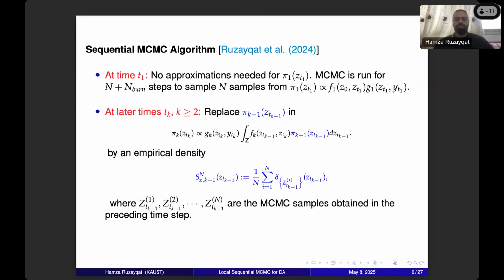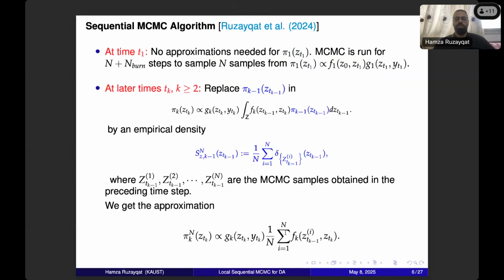However, when k is greater than or equal to 2, we replace this by using the samples from the previous step. We put an empirical measure here that's centered at the samples from the previous time step. This will kill the integral and result in this simple formula with this summation.